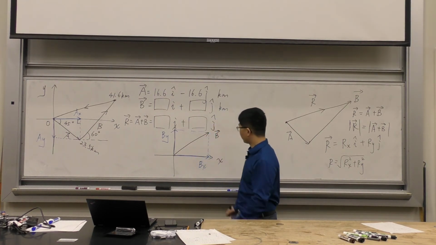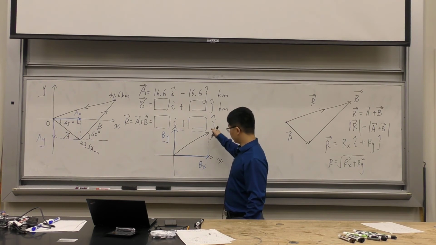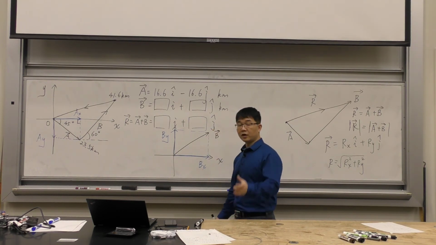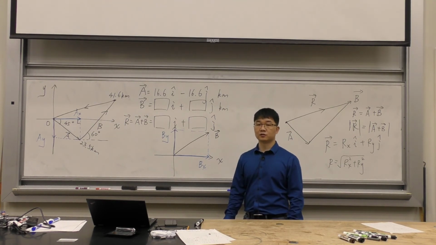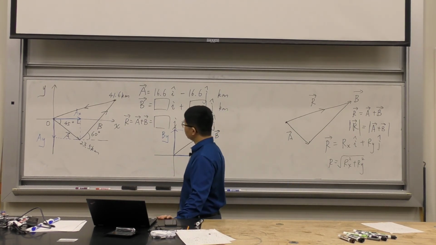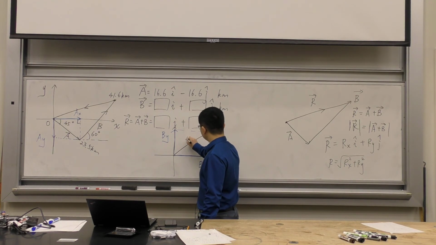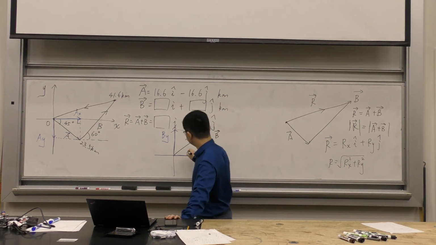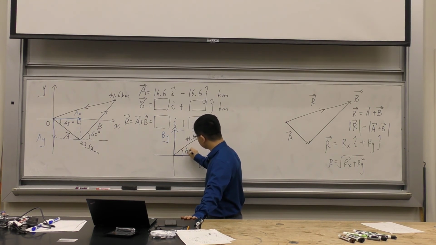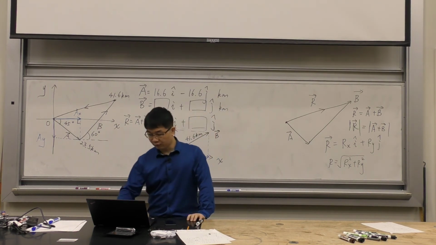Okay? And then how do you find these components? Look at this right triangle. If you have the hypotenuse and an angle, you can always find the other two sides. I do know that, right? This is 41.6 kilometers. What is the angle? The problem says this angle is 60 degrees, right? 60 degrees north of east.